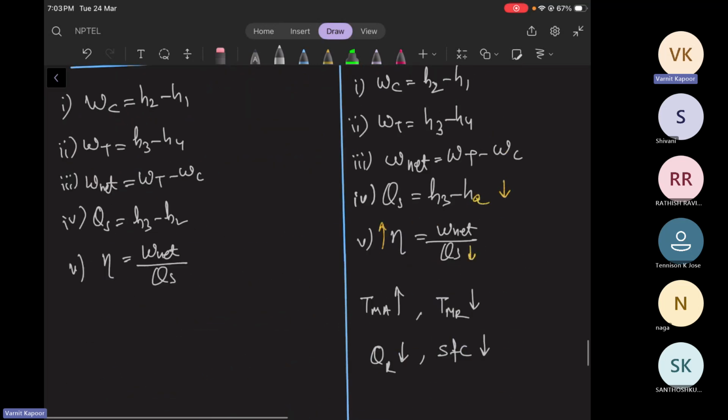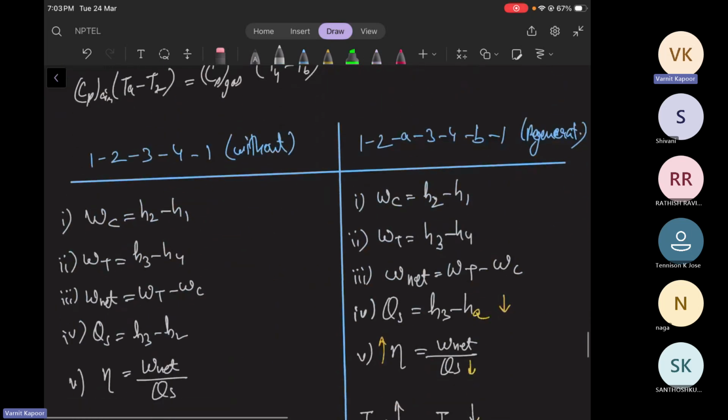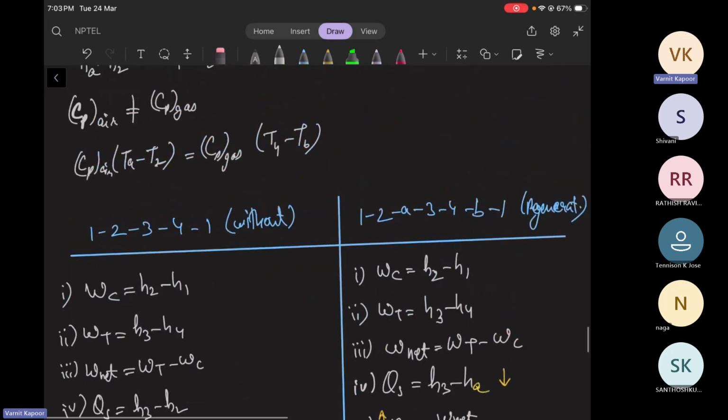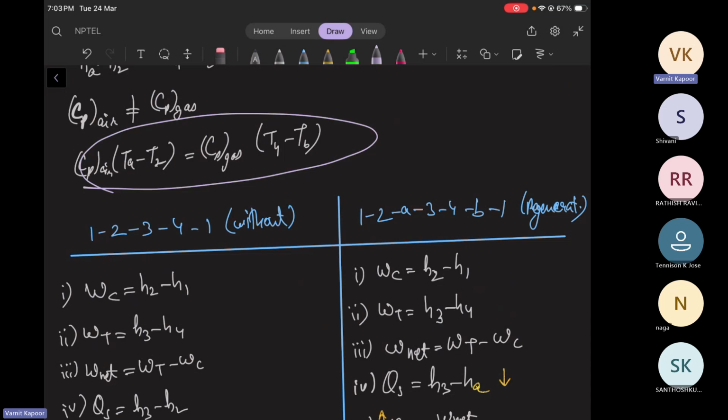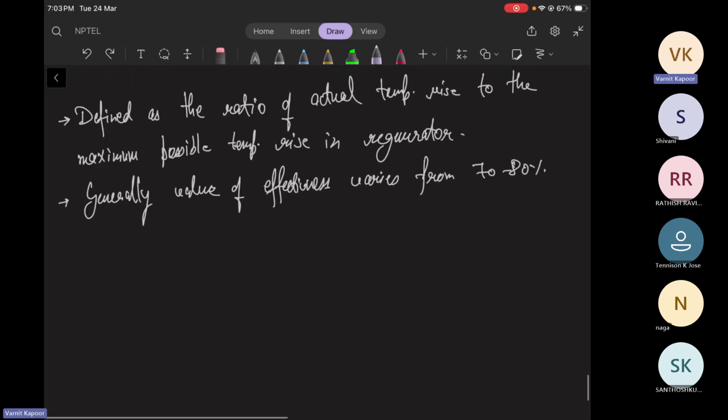So here, if Cp would have been the same, then the effectiveness would have been near around 1, but it is not possible.